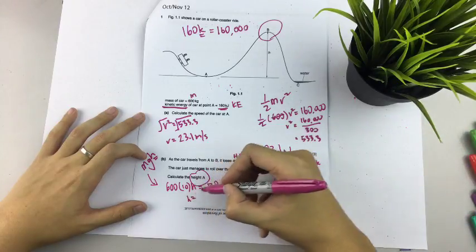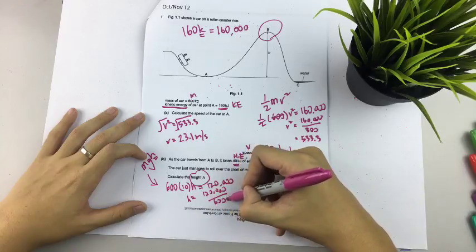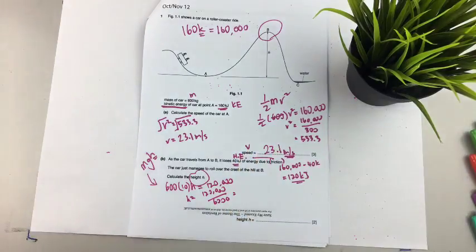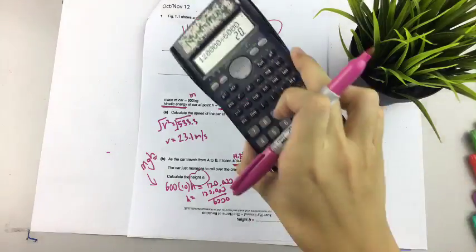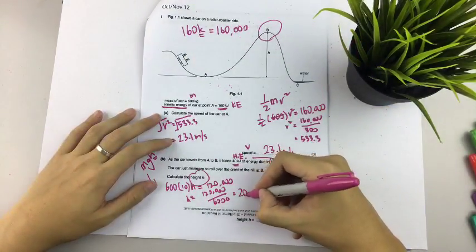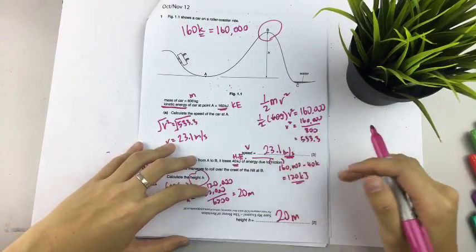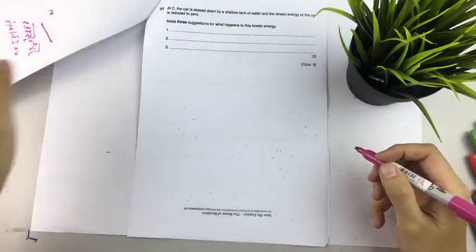So now find h: 120 k over 6000. Use the calculator again, it's very important to bring a calculator. The answer will be 20 meters. Let's move on to the next question.